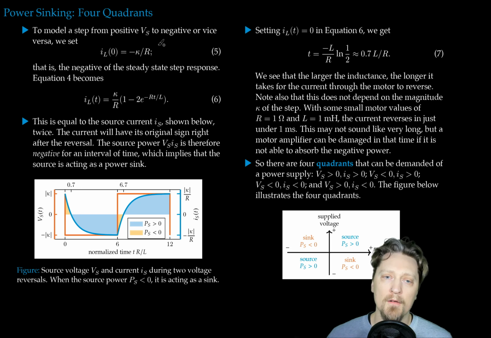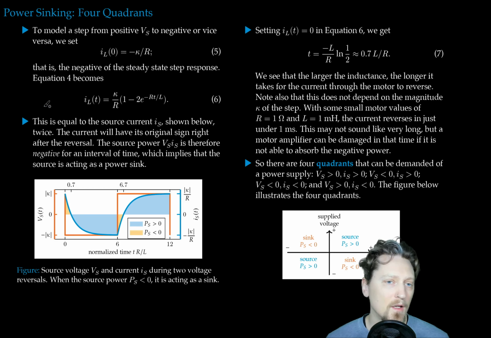Equation 4 becomes IL of t equals kappa over R times 1 minus 2 e to the negative Rt over L. This is equal to the source current Is shown below, twice. The current will have its original sign right after the reversal. The source power, Vs Is, is therefore negative for an interval of time, which implies that the source is acting as a power sink.